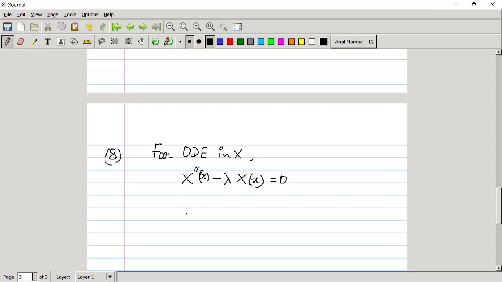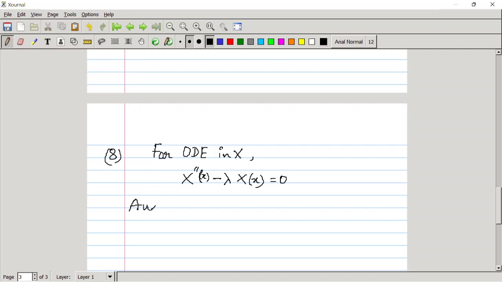So you know how to solve this equation. This is just a second order equation, like d2y/dx2 minus lambda y equal to 0. This type of equation you know how to solve. You have to put the auxiliary equation, trial solution, this type of thing.